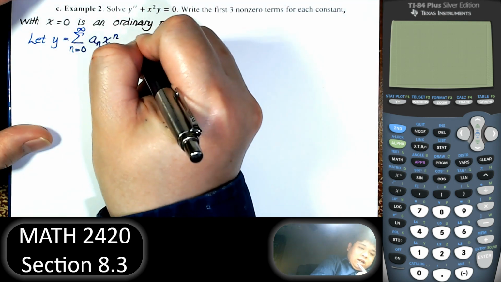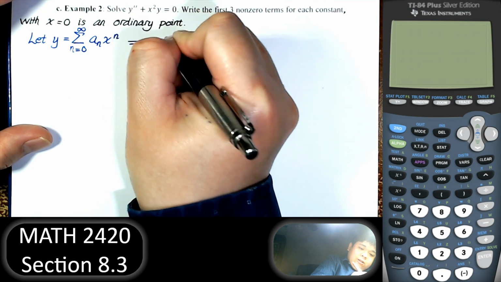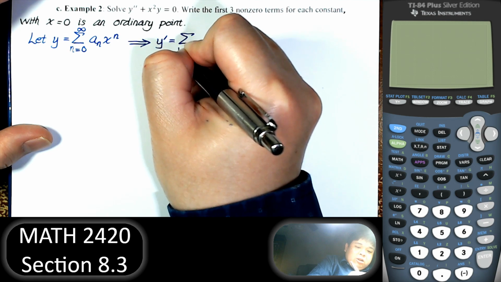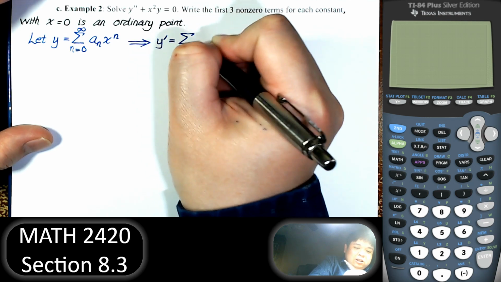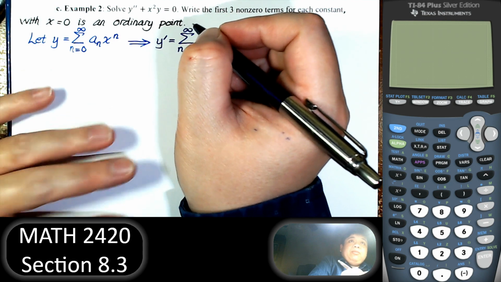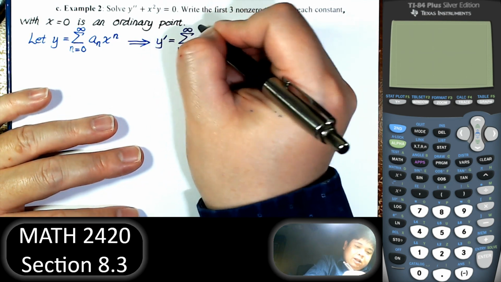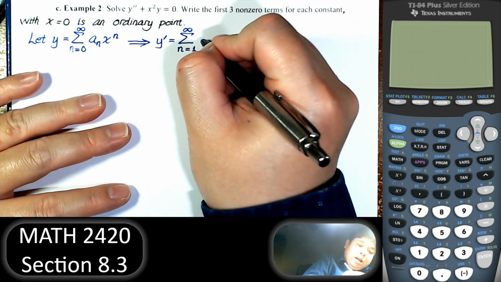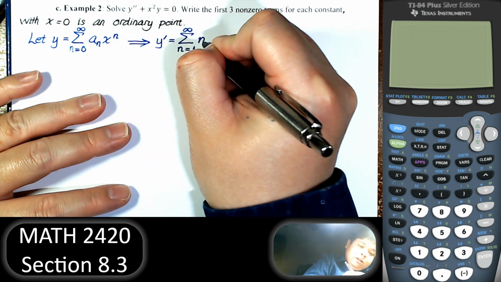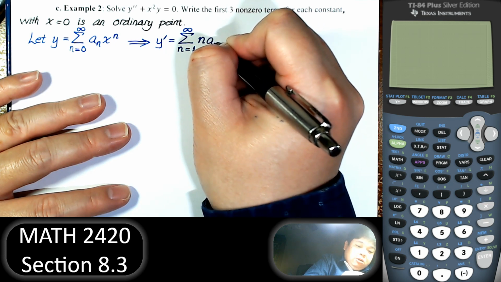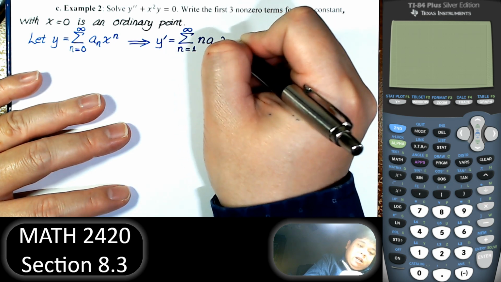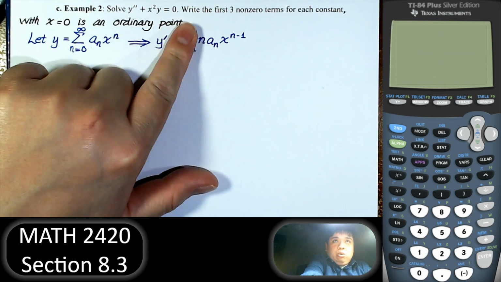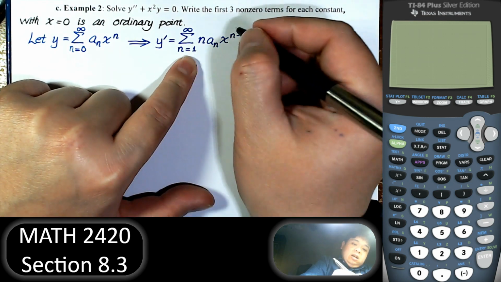Alright, now we take derivative. Every time we take derivative, the index will increase by 1, except later on that will be different. But in this case, the derivative of x to the n, we take down the n, a sub n is still the same because that's constant. X, the power will reduce by 1. Right, so that's just the derivative, but notice the index that we increase by 1.